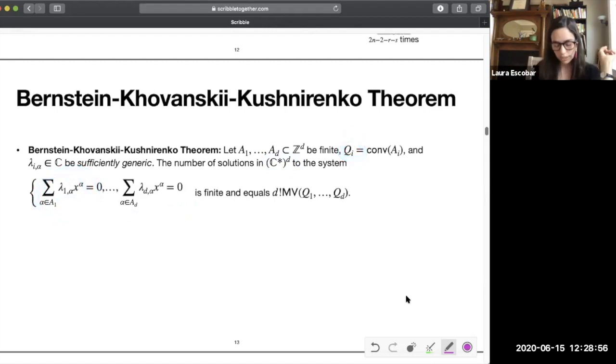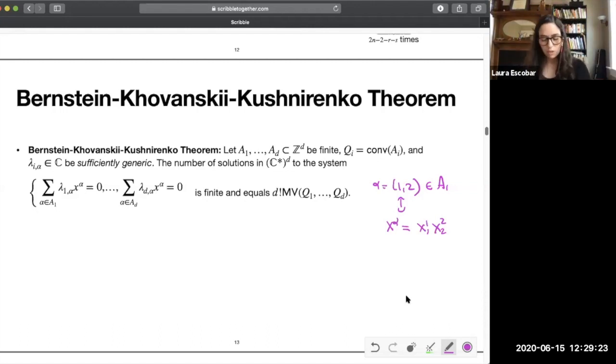You multiply a coefficient times x to the alpha. Let's say you have alpha equals (1,2) in A1. Then this contributes to the first polynomial the monomial x^alpha, which is x1 times x2 squared. You use this rule to construct D polynomials.